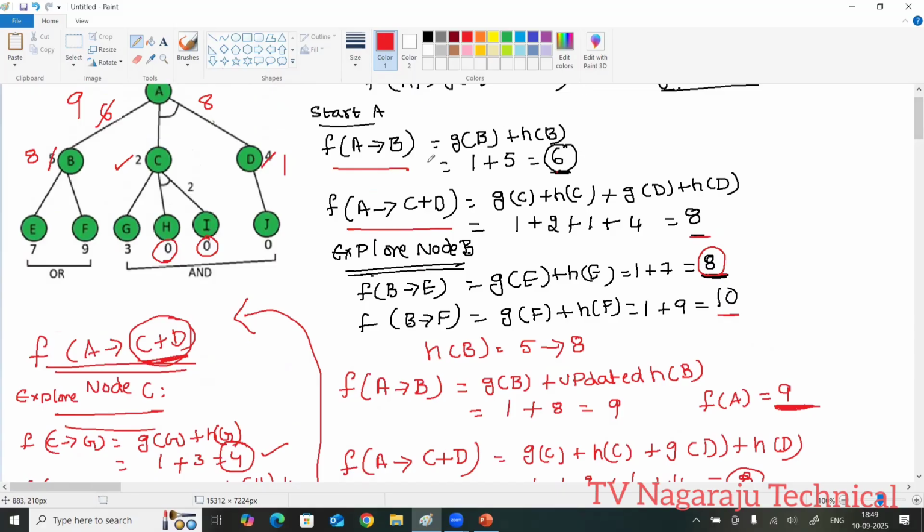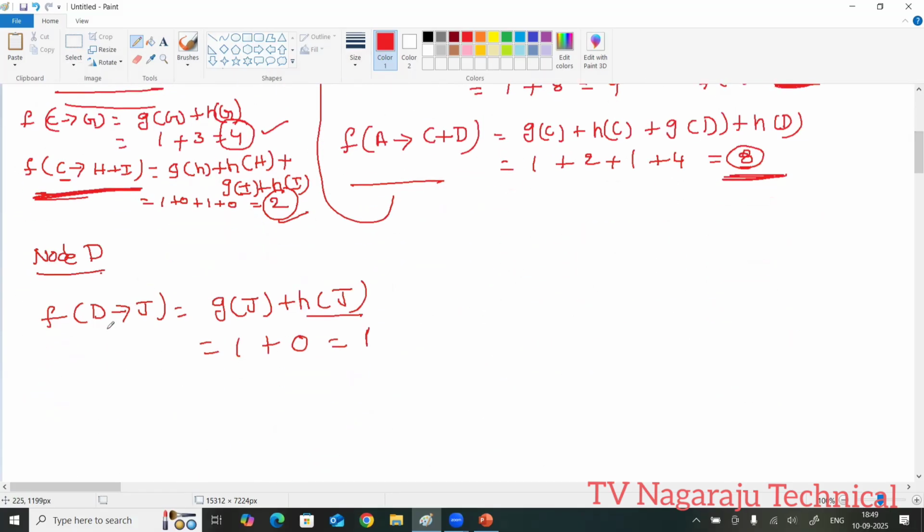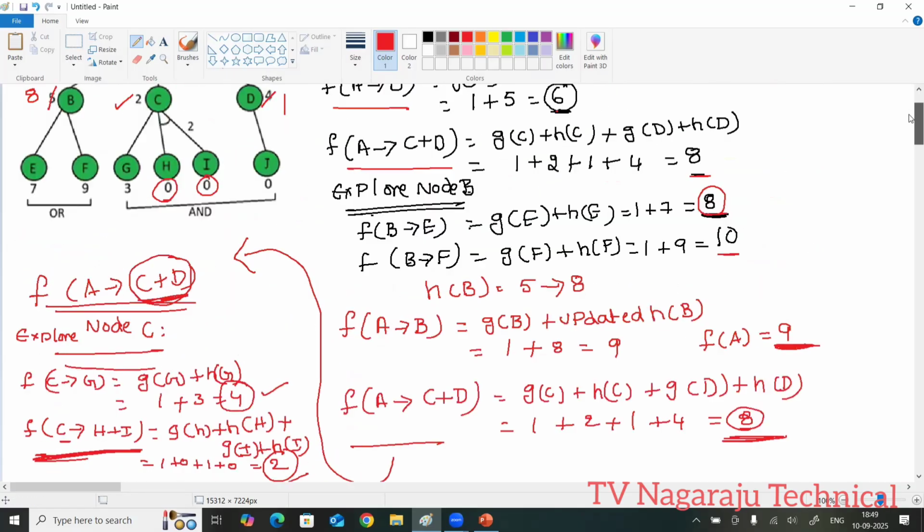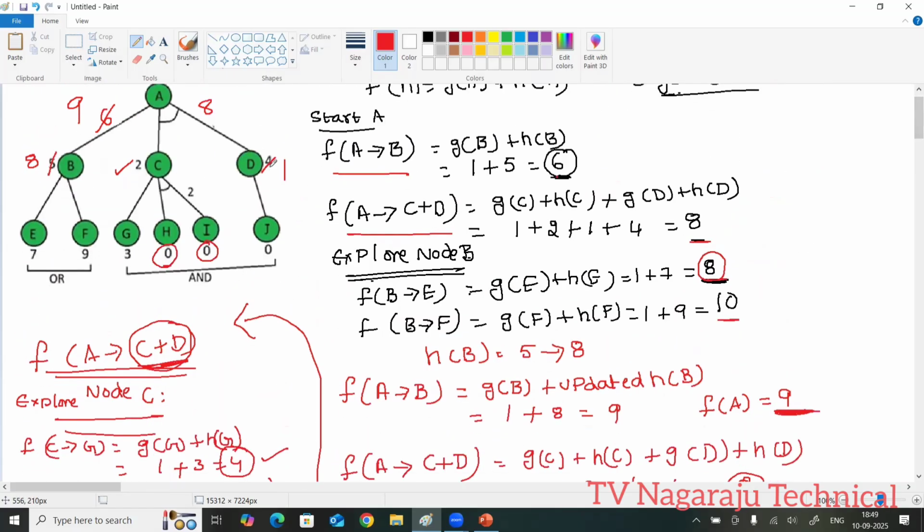You got it? In the previous scenario, no need to update. But in this scenario, if you are calculating from D to J, you are getting a value 1, but previously the value is 4. Again, you got the point. Whenever you are updating this one, same logic.